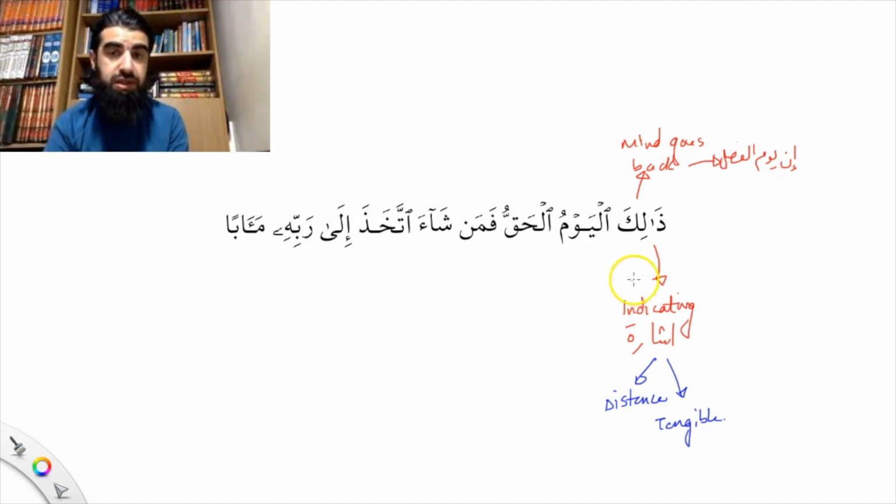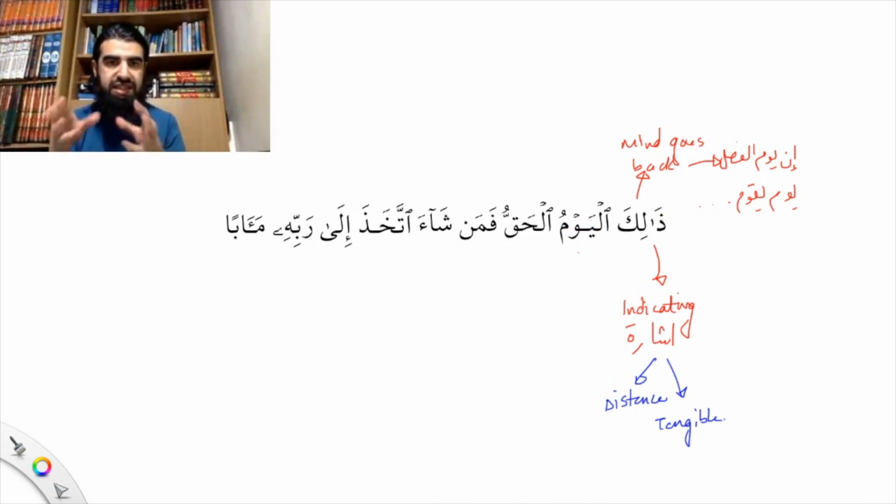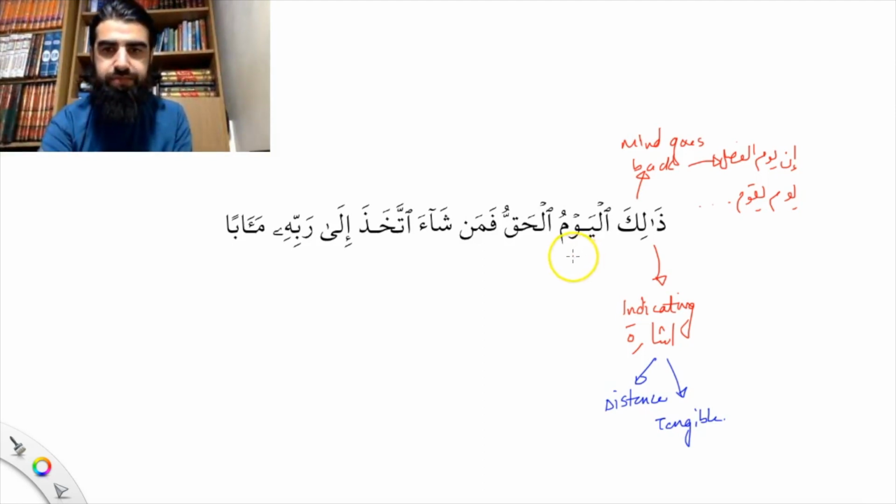Inna yawm al-fasl, the day of the separation, decision, and yawm يقوم الروح والملائكة. So these two verses, it's like saying ذلك اليوم الحق, that day, that particular day is the day of the truth, right? So it's like the reader knows, he's read through the surah, and then remembers that day, ذلك اليوم الحق, indicating towards it.